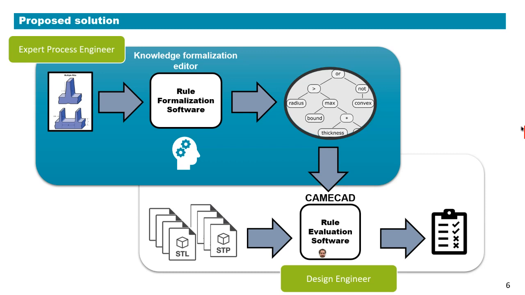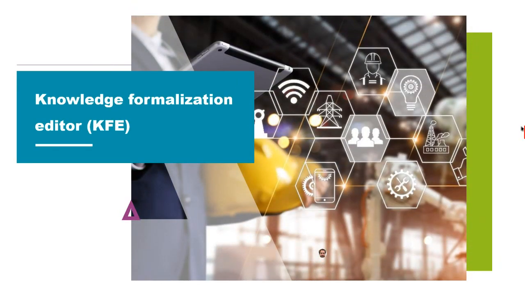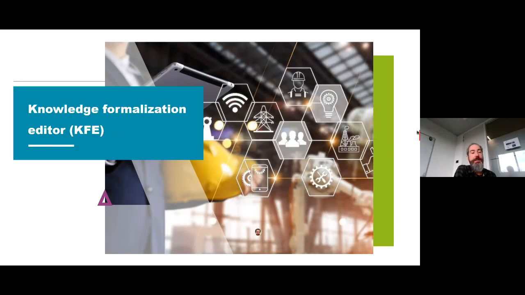So the design engineer can, as the design is being built, independently and quickly check if there are some violations occurring for some manufacturing rules. Okay, so I will now first go a bit deeper into the Knowledge Formalization Editor myself, and then Bieke will give you some more insight into the manufacturing evaluation tool.